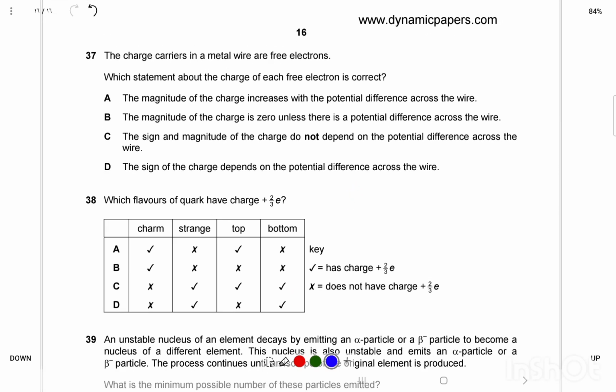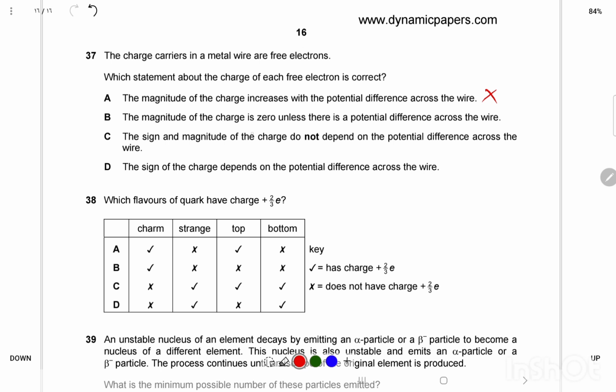Question 37. The charge carriers in a metal wire are free electrons. Which statement about the charge carried by each free electron is correct? The magnitude of the charge increases with the potential difference across the wire. This is incorrect because the charge has nothing to do with the potential difference across the wire.